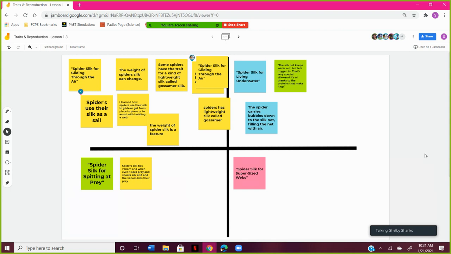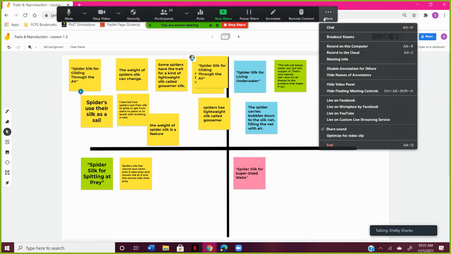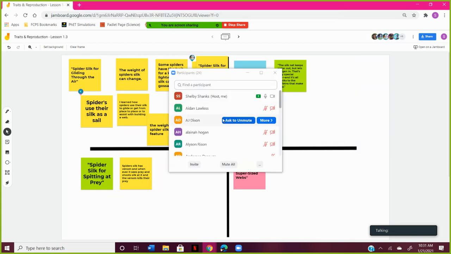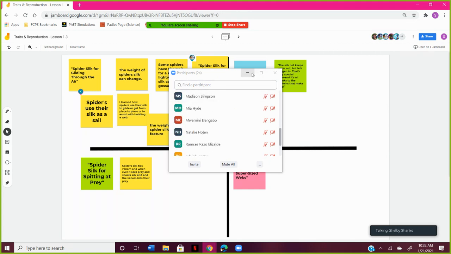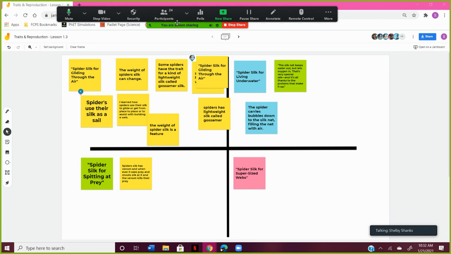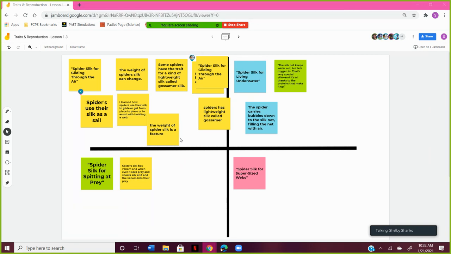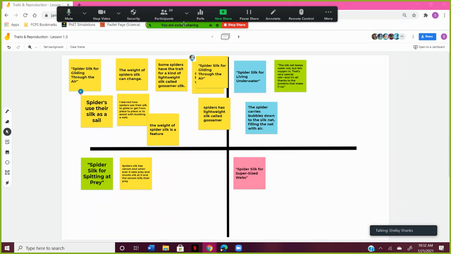Did anybody read the spider silk for supersized webs? Anybody read that one? Nobody read that one? I should have some more on here since there are 23 people in here, and I've got 1, 2, 3, 4, 5, 6, 7, 8, 9, 10, 11 people. 11 out of 23 people have read an article.